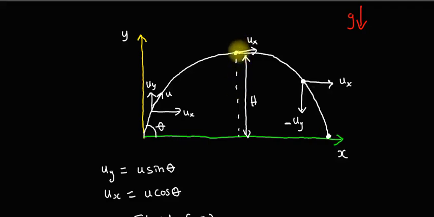If we divide the total time taken for the projectile to move from point A to point C, let's just say point A, point B, and point C, the total time taken to move from point A to point C divided by 2 is going to give us the total time taken for the projectile to move from point A to point B.